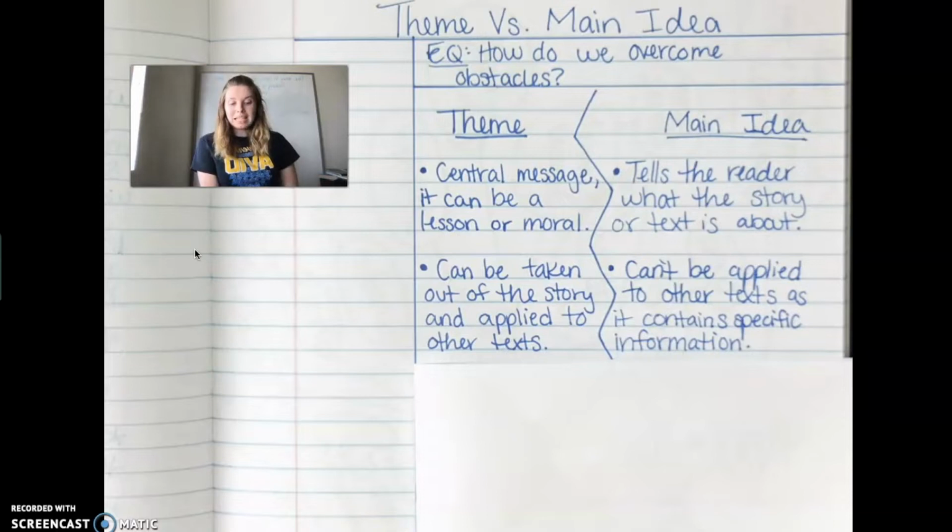So if I have a main idea of dogs bark when they're happy, that can't really be applied to an article about cats, right? But a theme can be applied to multiple stories, whereas a main idea cannot.